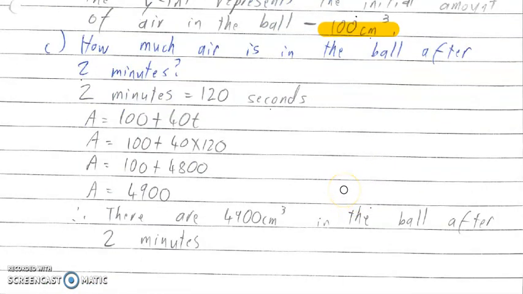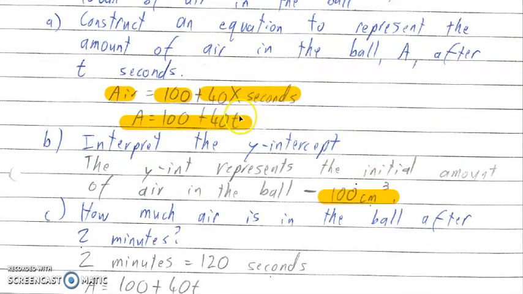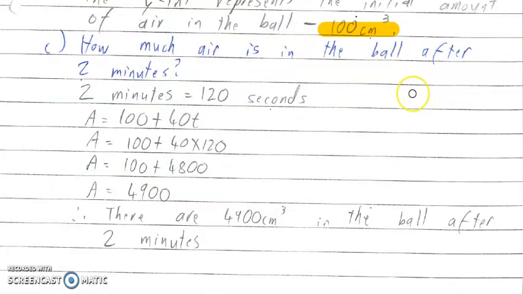So, question C. How much is in the ball after 2 minutes? Well, firstly, we have to remember, guys, that this equation here is in seconds, not minutes. So firstly, I converted 2 minutes into seconds. I hope by grade 11 we're all aware that there are 120 seconds in 2 minutes. So I rewrote my equation here.